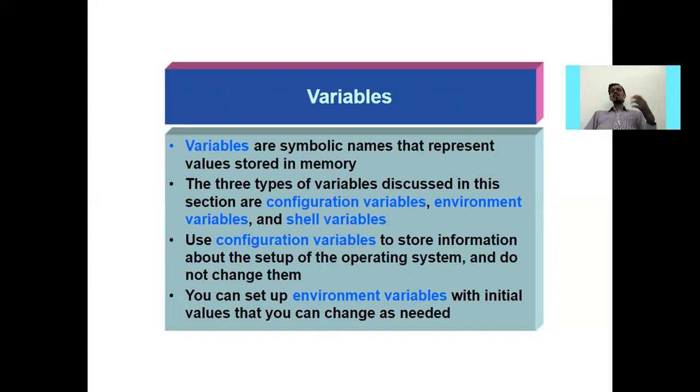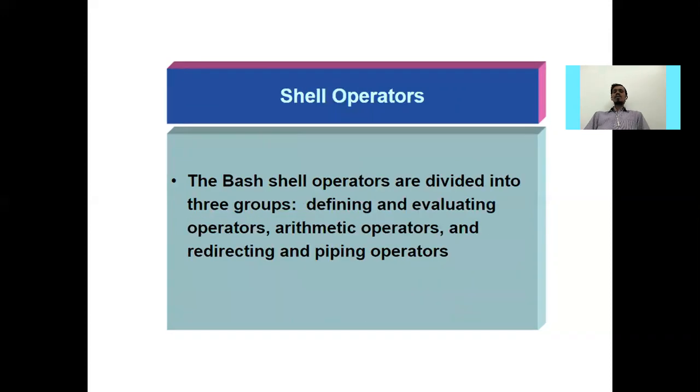Second is environment variable. Environment variables have initial values that you can change as needed, which means we can change them according to our need. The shell operators are divided into three groups.